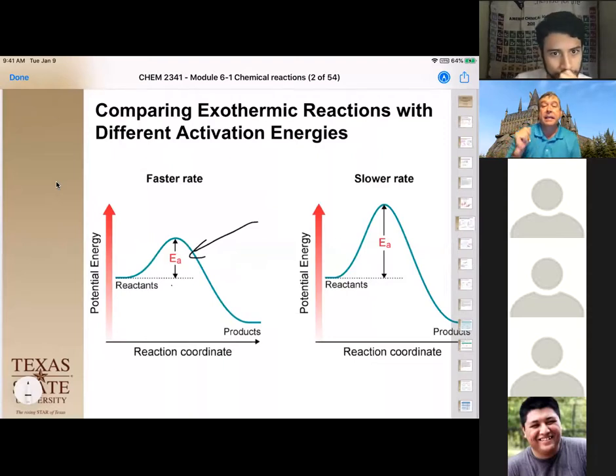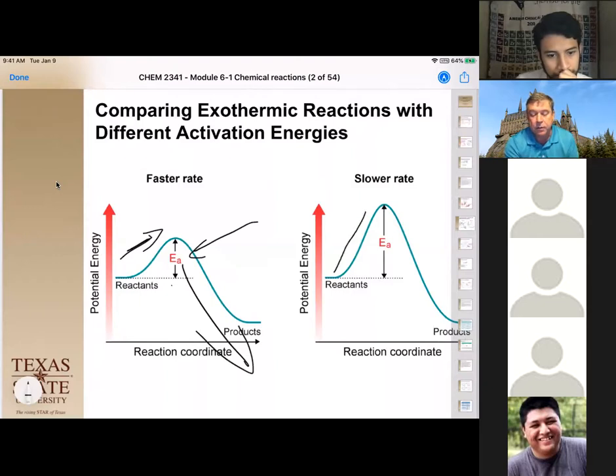It takes less heat, and more molecules have the heat available to get to that transition state. And if you can get to that transition state easier, the reaction happens faster, because the slow part is coming up here, and then this is the fast part going down here. So if you have a bigger slow part, it slows the reaction down. And again, we're not changing anything about the reactants and products here.